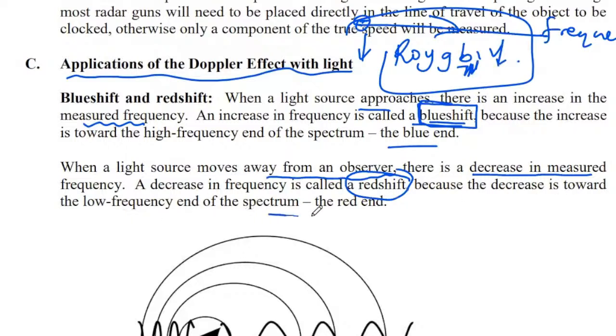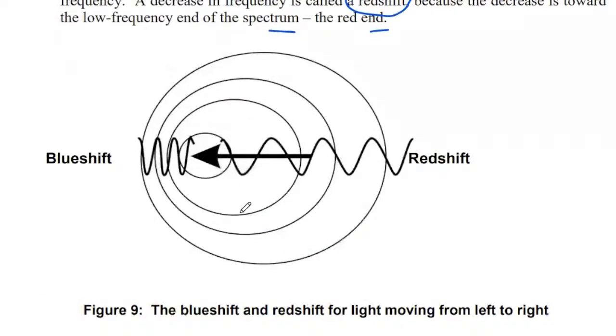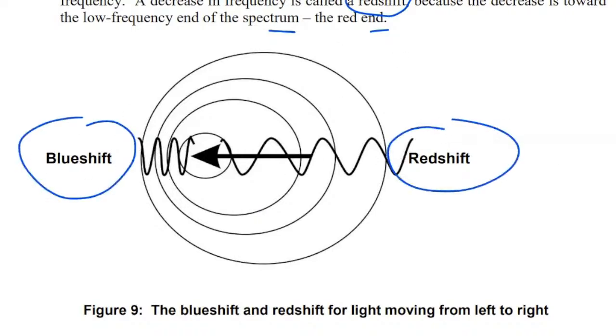So that end of the spectrum, we call the red end. This can be expressed in this sort of format. When the sound or the light moves towards the observer, it's a blue shift. When it moves away, it's a red shift.